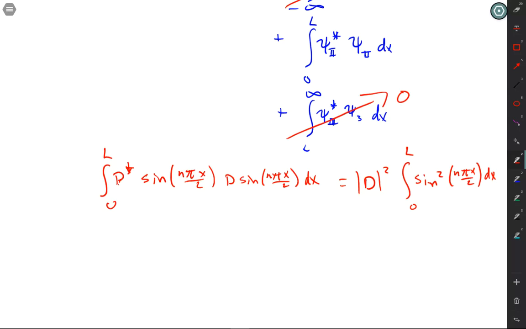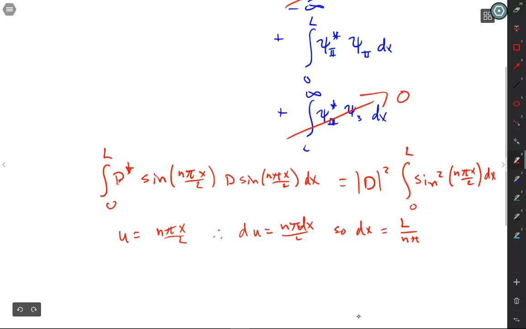So of course I have to look up my integral table. And when we looked up our integral table, we found that if we set u is equal to n pi x over L, therefore du is equal to n pi dx over L. So dx is equal to L over n pi du.